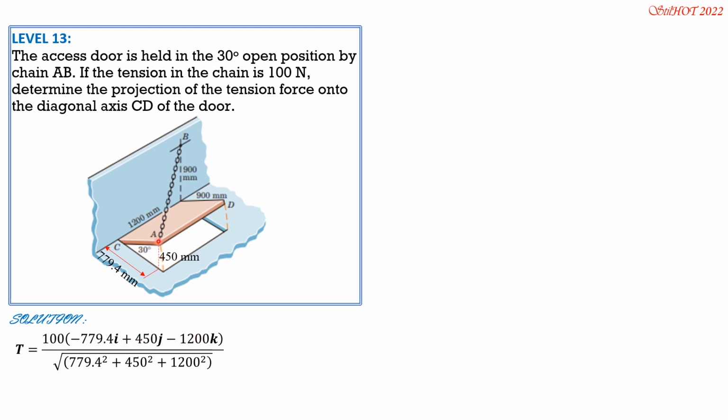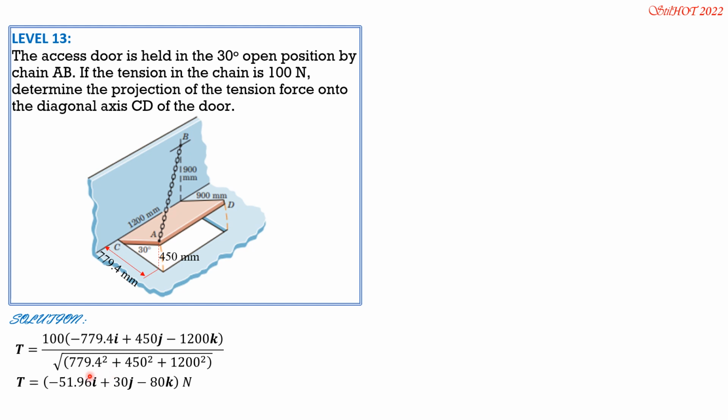Again, going to the left, -779.4, up by 450, which is 900 minus 450, then backward along z by 1200, so negative 1200k. Then the distance, you just square that. So T is -51.96i + 30j - 80k newtons.